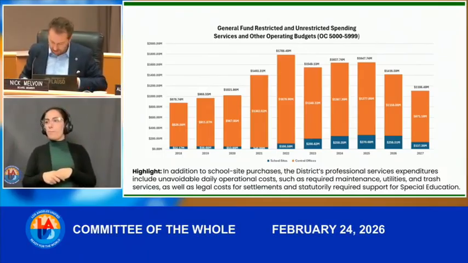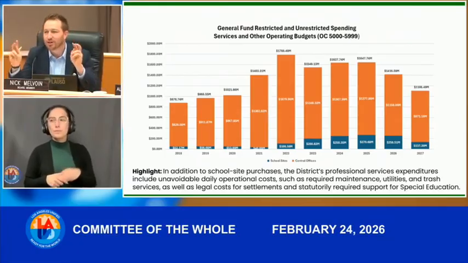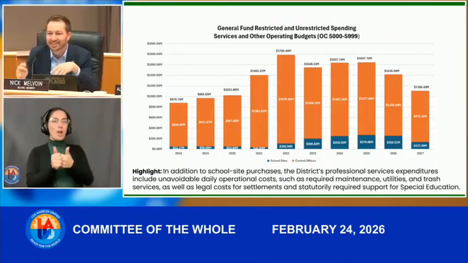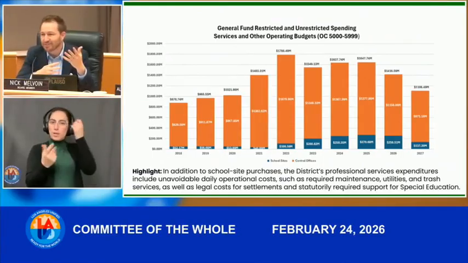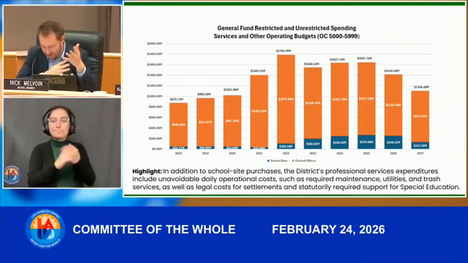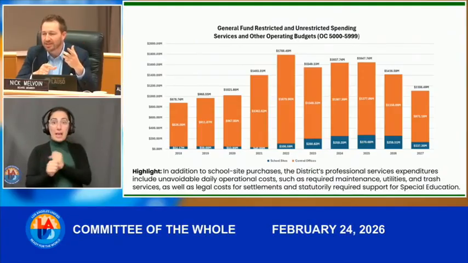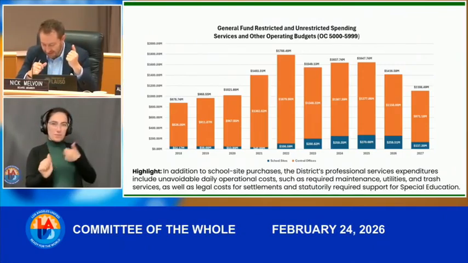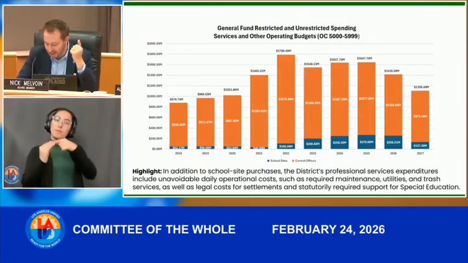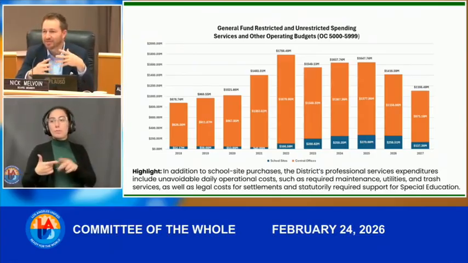I think the term unavoidable, I get what you're saying. Maybe it's like maintenance of district, because I think to Ms. Griego's point and others, there are some things where the actual dollar amount is less unavoidable, like when we think about legal settlements, utilities, and space allocation.